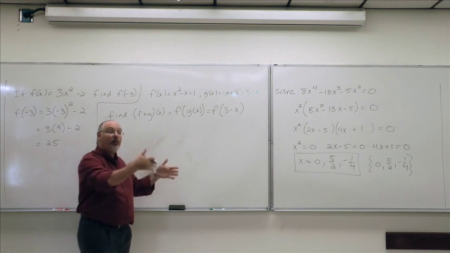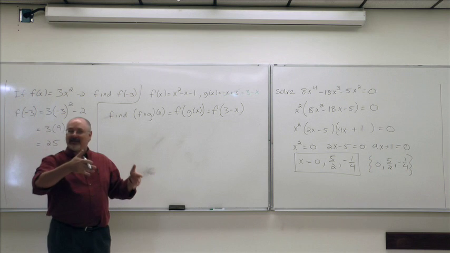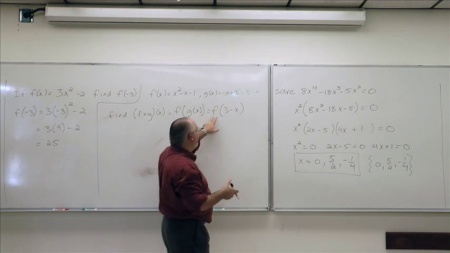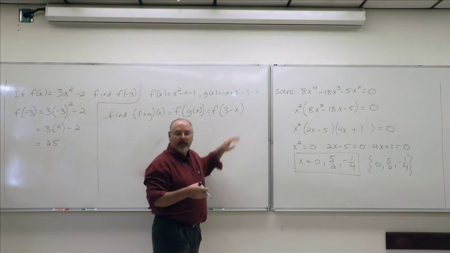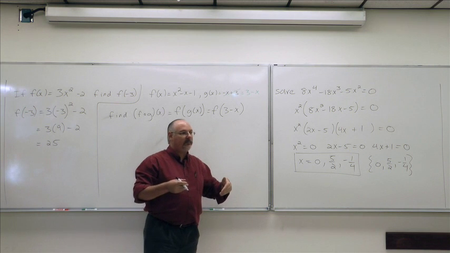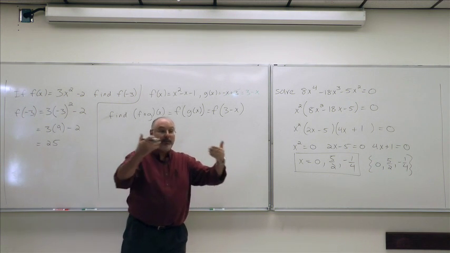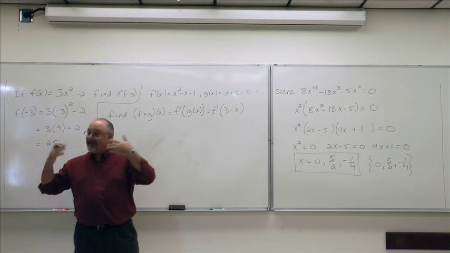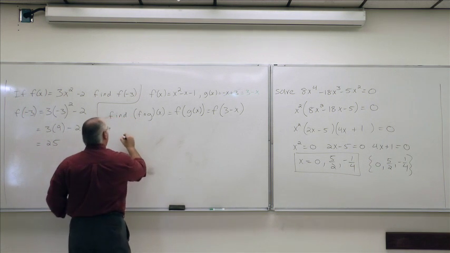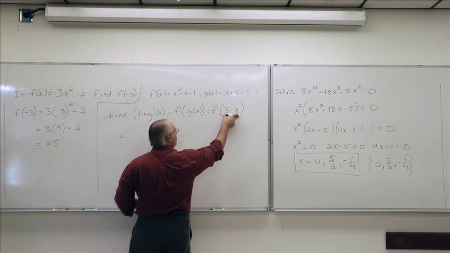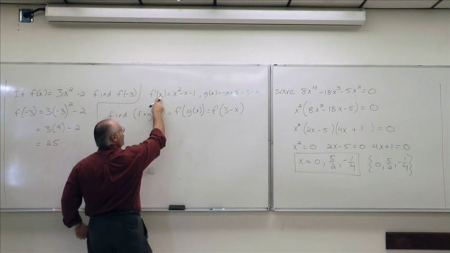If you just read what's there, that's a lot easier. So f of something, that something plugs into it. You take the something, you put it in for the variable in f. It's that simple. So this becomes f of something, okay?